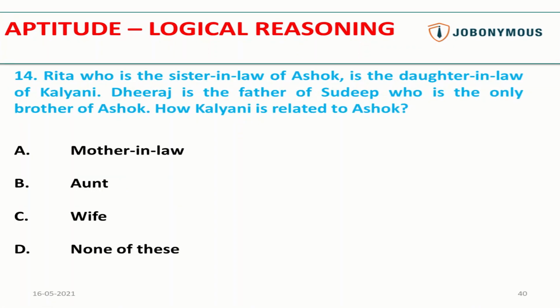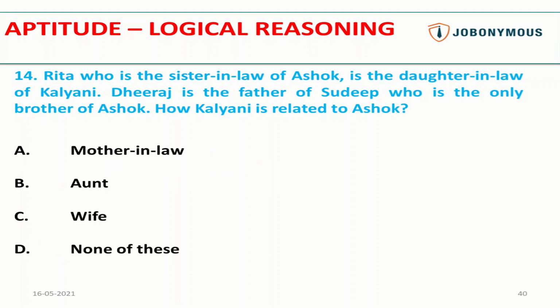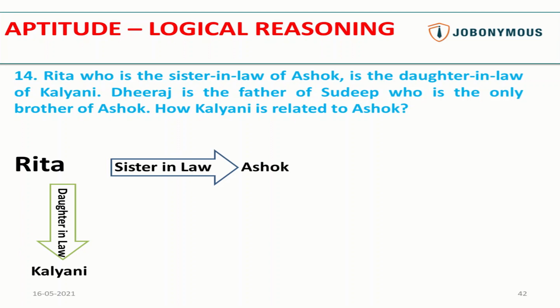So next, again the same type of question. Rita, who is the sister-in-law of Ashok, is the daughter-in-law of Kalyani. Dheeraj is the father of Sudeep, who is the only brother of Ashok. How is Kalyani related to Ashok? So the right answer here is none of these. This is because here they are asking Kalyani's relation to Ashok.